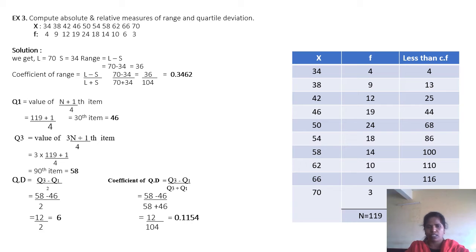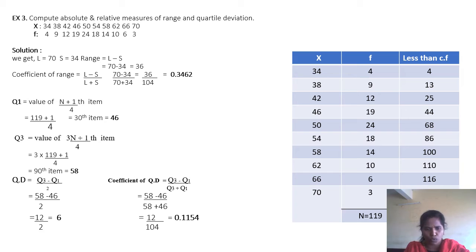Then the coefficient of range is L minus S divided by L plus S: 70 minus 34 divided by 70 plus 34 equals 36 divided by 104, which gives 0.3462. So this is the coefficient of range.